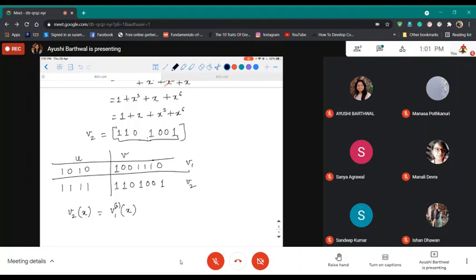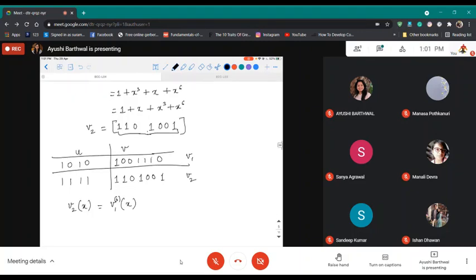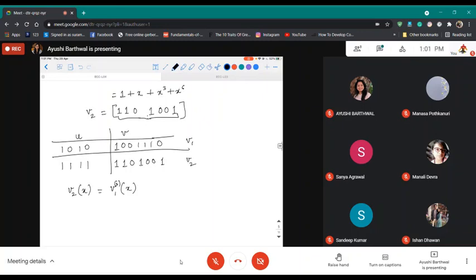Another thing that you observe from these two codes is that in the code word, the data vector and parity bits cannot be identified. You cannot identify the data vector from the respective code word. Like the data vector was 1010, you cannot identify which one is the data vector.